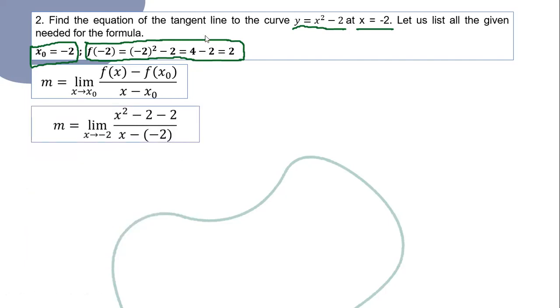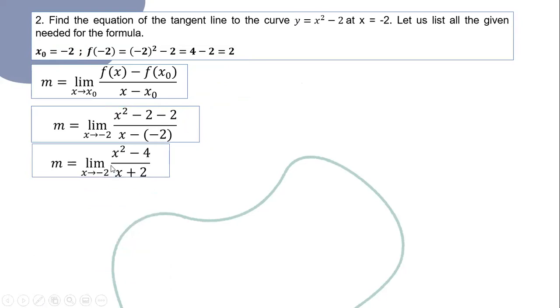So the limit of, this is the given f of x, which is equal to x squared minus 2, and then minus, okay, this 2 is f of x sub 0, all over x minus negative 2. So negative 2 is x sub 0. Okay, simplify. We will have m is equal to the limit of x squared minus 4 over x plus 2 as x approaches negative 2.